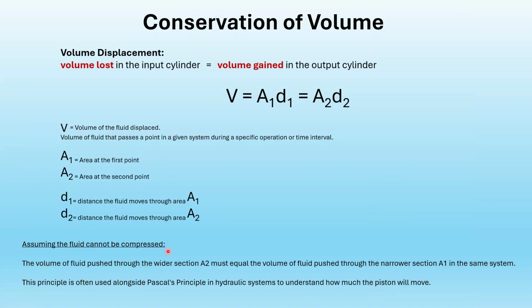That's a big assumption, a big condition that has to be met, because it works with hydraulics, and it does also work with pneumatics. However, just keep in mind that pneumatics uses air or gases, and gases are compressible.